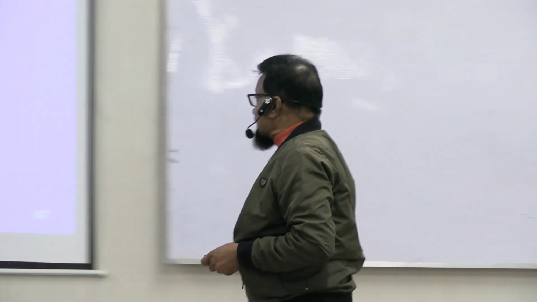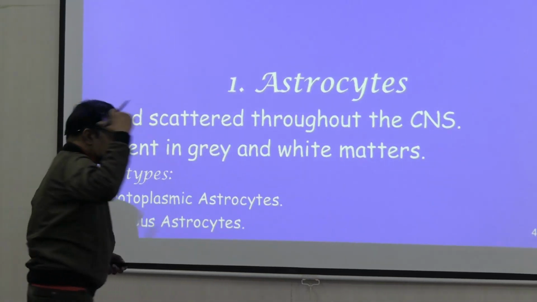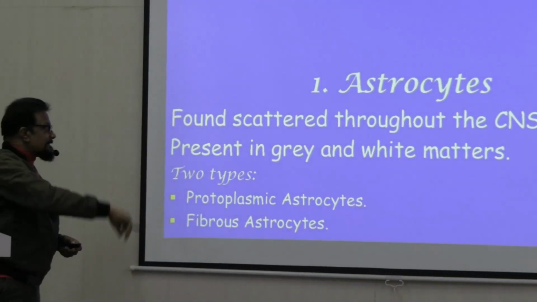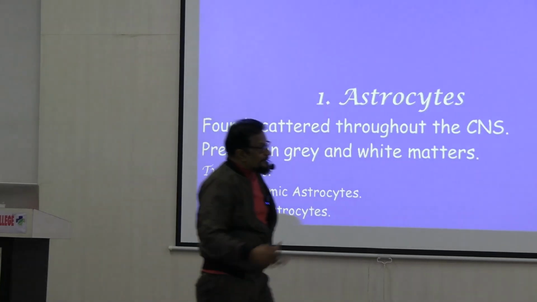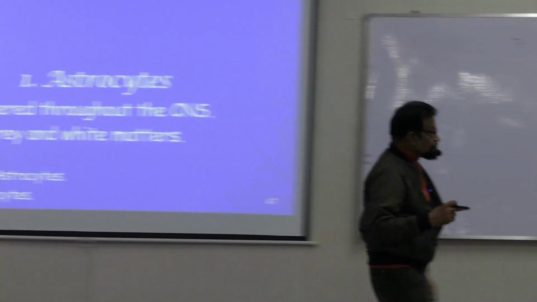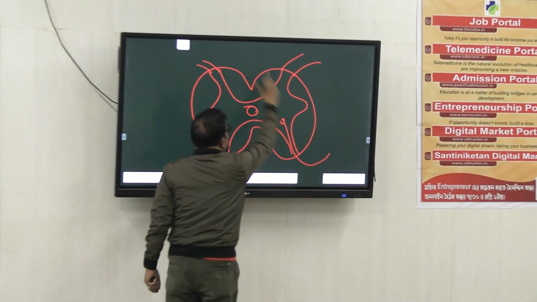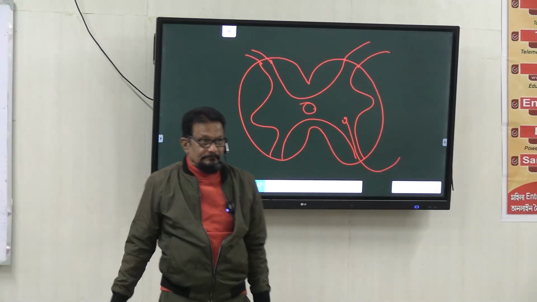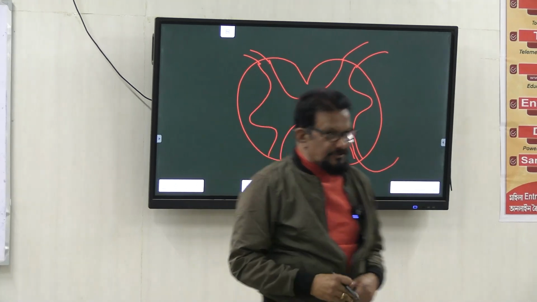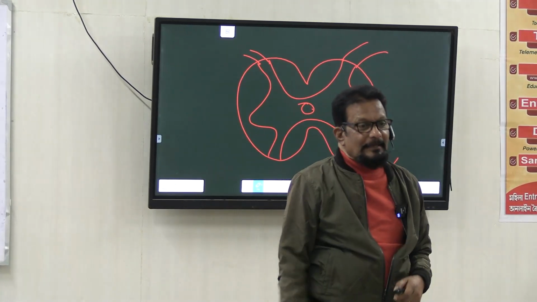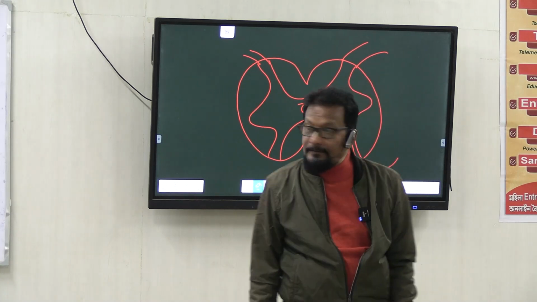So these astrocytes are found scattered throughout the central nervous system, means in the brain as well as in the spinal cord. Present in grey and white matter. This A-shaped area is grey in color. Means the neurons here are mostly non-myelinated.